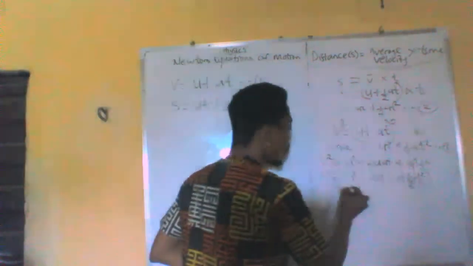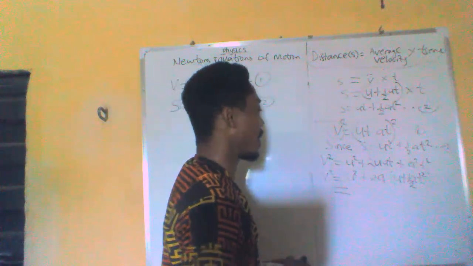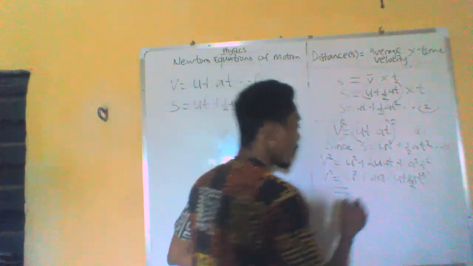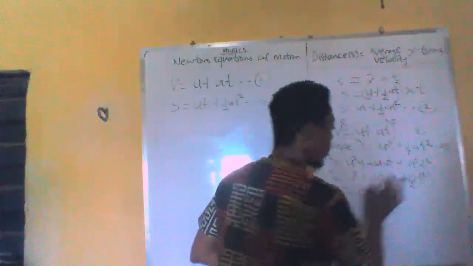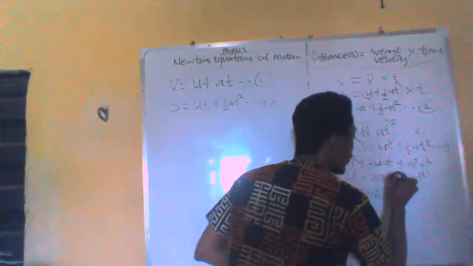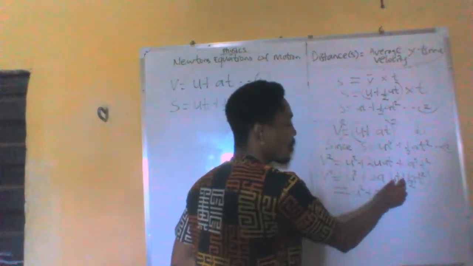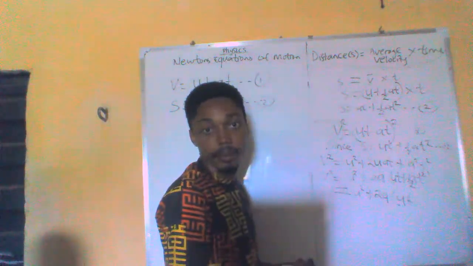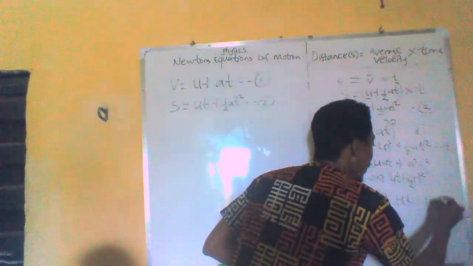Moving forward from there, we will have U squared plus 2A into UT plus half AT squared.